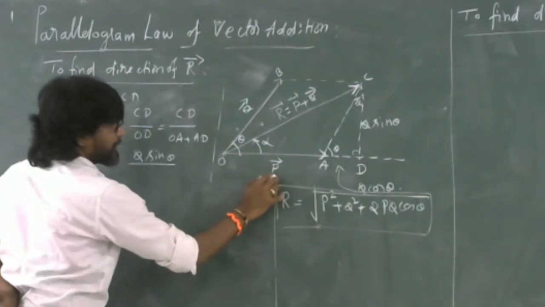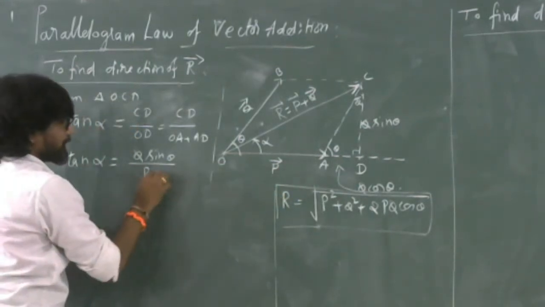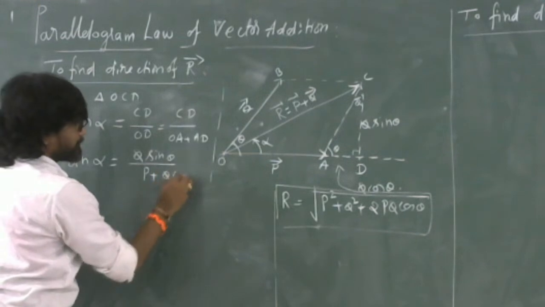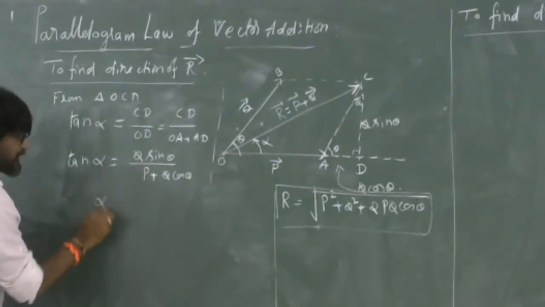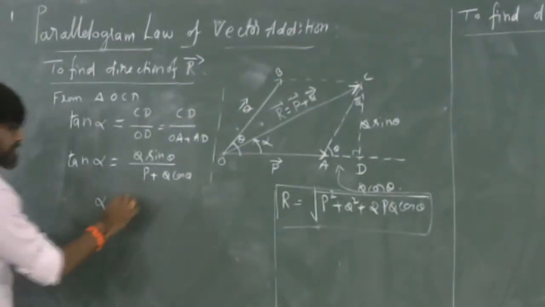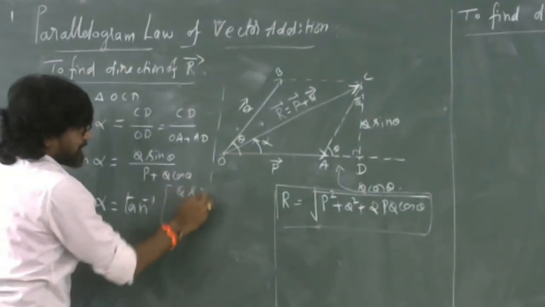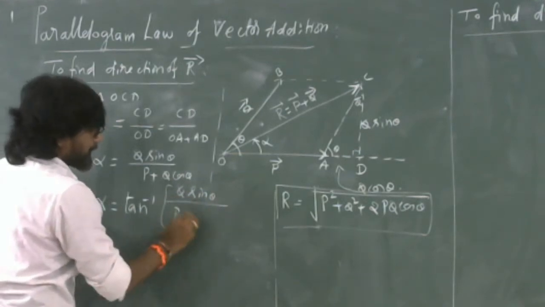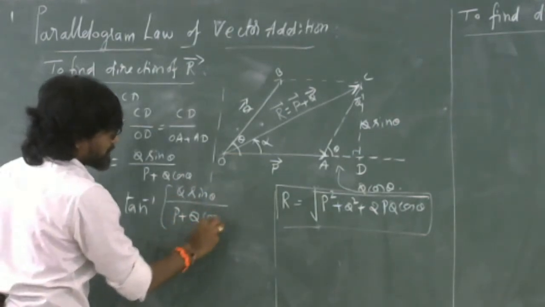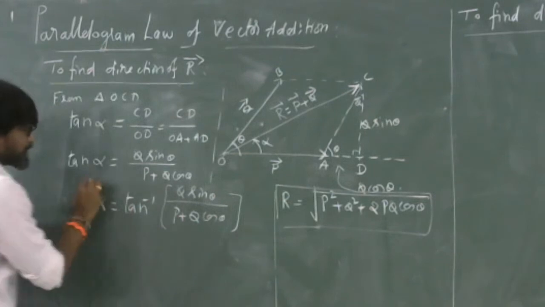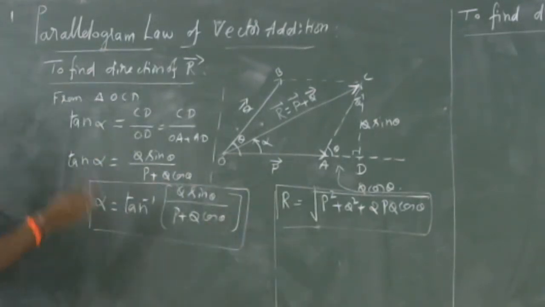OA is the magnitude of vector P, that is P, plus Q cos theta. So from this the direction alpha is equal to tan inverse of Q sin theta by (P plus Q cos theta), which gives the direction of the resultant vector with respect to P.